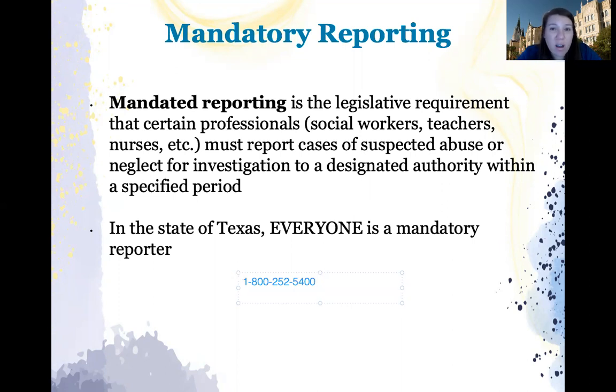I personally have found that online tends to maybe take even a little bit longer than a phone call because they ask so many different details online as well. But it kind of is up to you. Again, if they are in immediate danger, absolutely call. So that's the website for it.